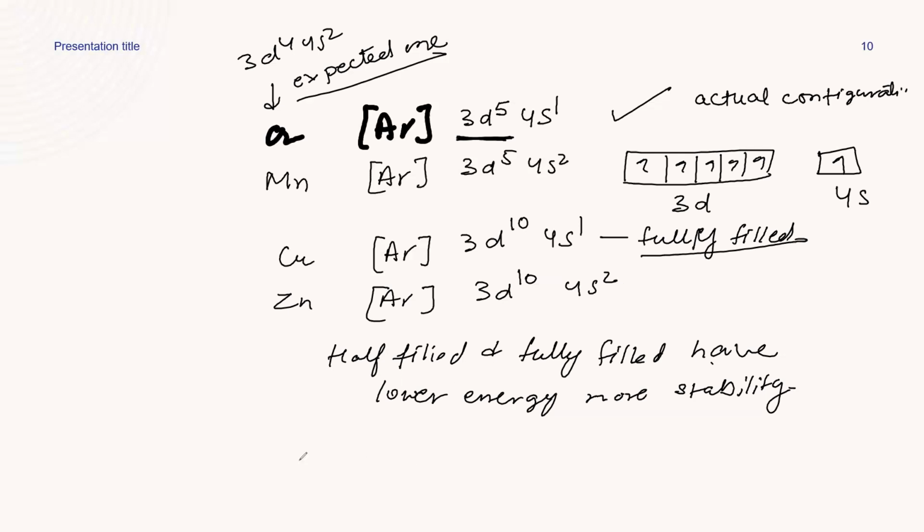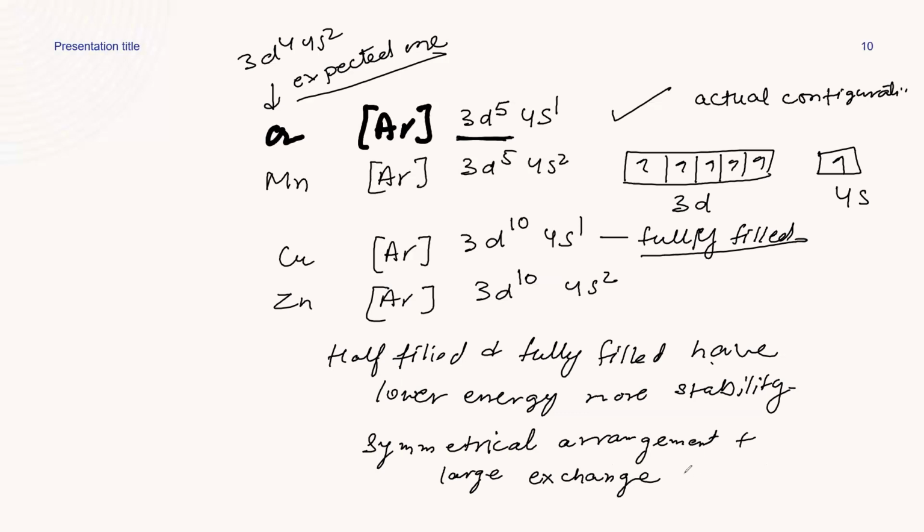So there are two things. Symmetrical arrangement, there comes symmetry, and symmetry always decreases the energy, plus large exchange energy. Now, what is exchange energy? If you want to know about it, comment. I will make a video on exchange energy also. Okay, hope this is clear.